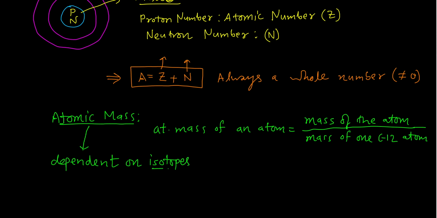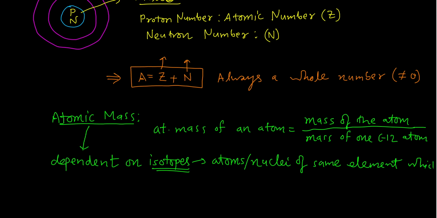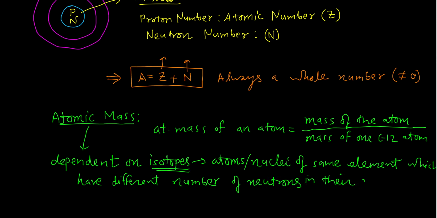And what is an isotope? Isotopes are atoms or nuclei of the same element which have a different number of neutrons in their nuclei.